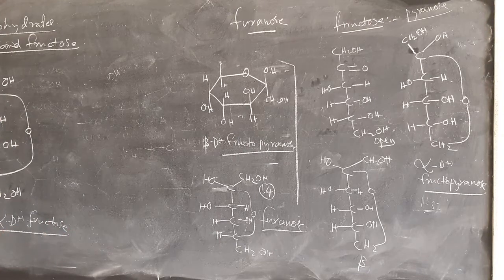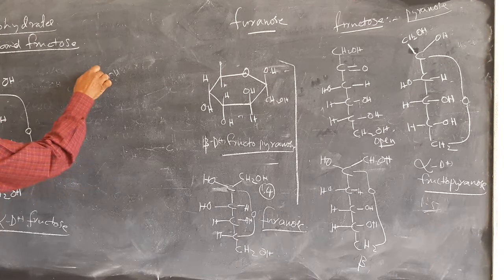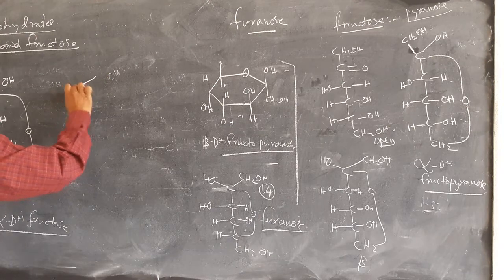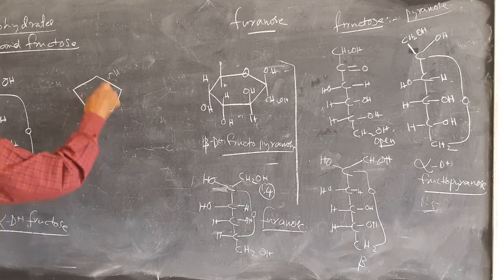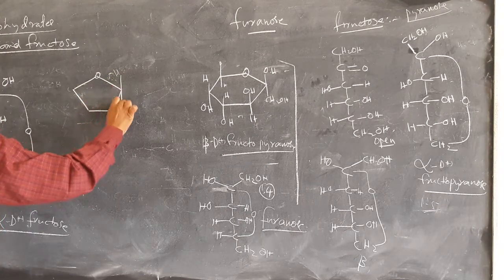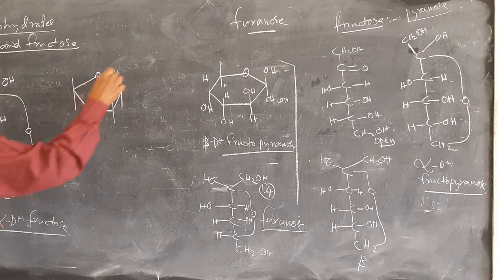Let us see this. You can write this as a 5-member ring system. That is, you have to write a pentagon. This is a pentagon, and put one oxygen here and put the bonds like this. And write the groups accordingly.